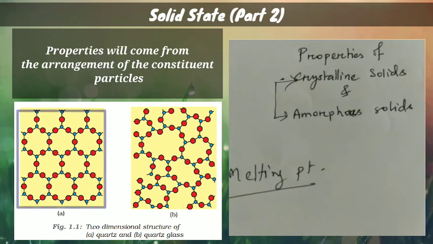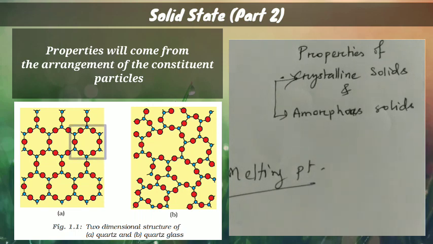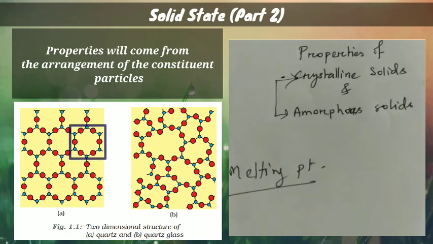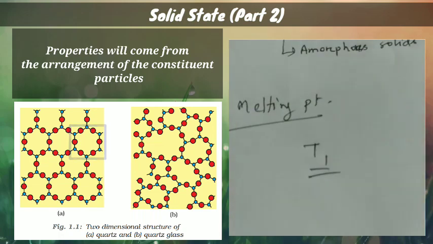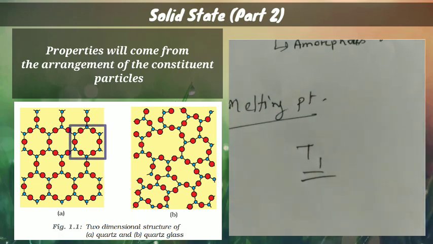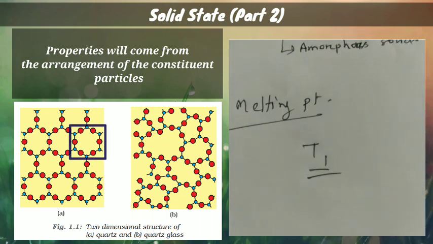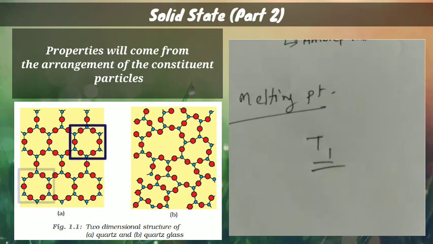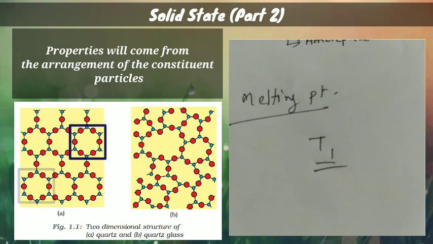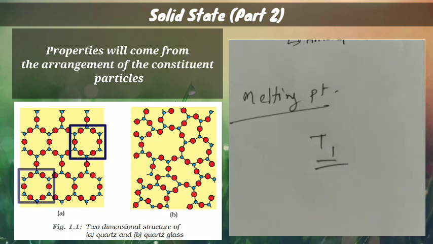So if you consider a part, let's suppose this part, and to melt this part you have to apply, let's suppose, T1 temperature. To melt the other part, this part also, you have to apply the same T1 amount of energy, because you have to break the same number of bonds.